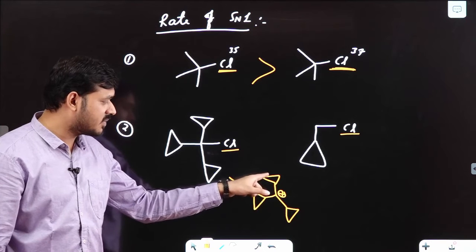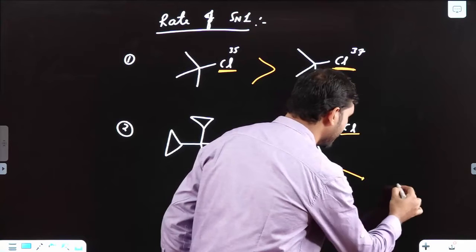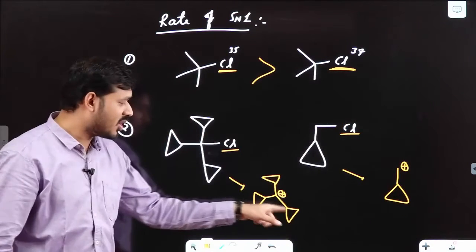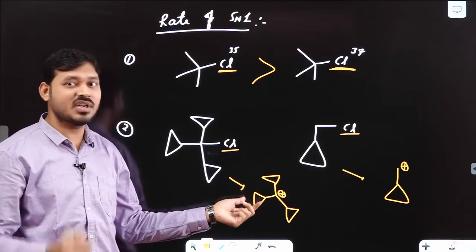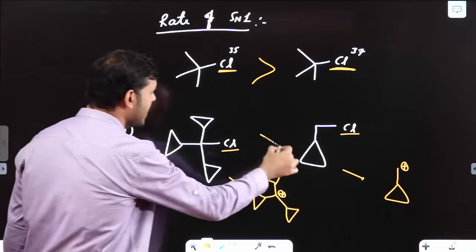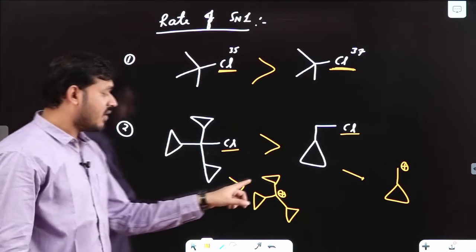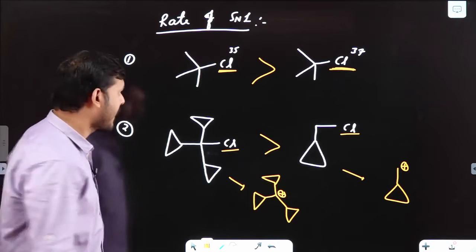In this one you have a cyclopropylmethyl carbocation, and here, for 3 rings, you have a cyclopropylmethyl carbocation type. So the resonance stabilization is maximum in this case as compared to this case. So the rate of SN1 will be higher in this one. Understand? And this is a very, very highly stable carbocation generated here. Remember.